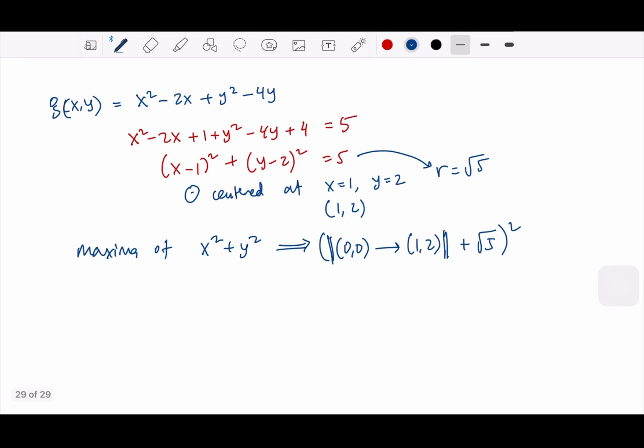So the distance will be the square root of 4 plus 1, which is square root of 5. So we will have (2 square root of 5) squared, and it's also 20.